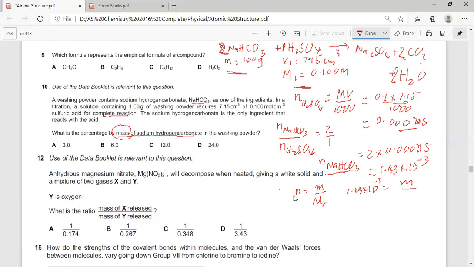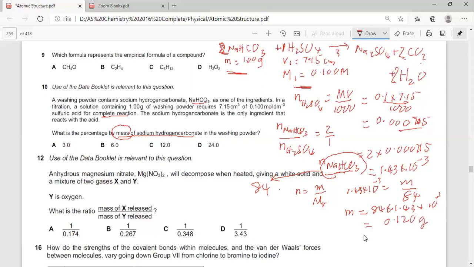The Mr of this one I found for you already, let me say 84. So the mass is 84 times 1.43 times 10 to the power minus 3, which equals 0.12 gram.